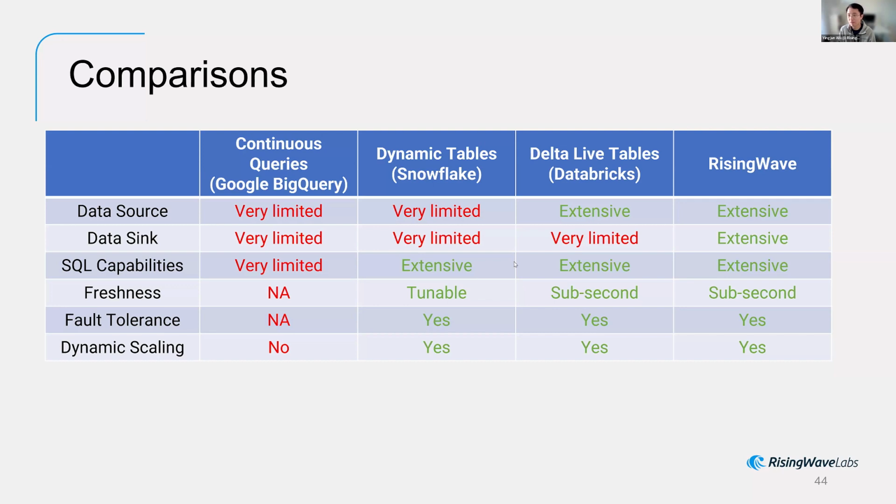KSQLDB, Spark Streaming, Flink do not really store their state in S3. But we believe that cloud native is definitely the way to go, and that's why we built our own engine. We tried to adopt a different engine at the very beginning 4 years ago, but we found that it's not possible.